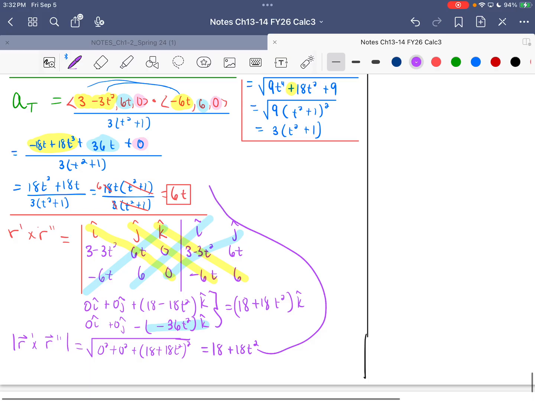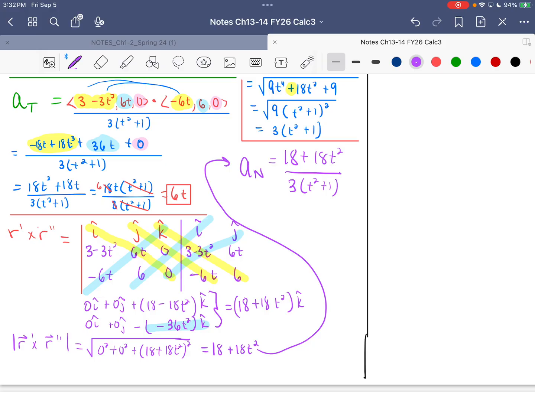So AN is that quantity over 3t squared plus 1. And so that should simplify. Factor out the 18. We get 6. Wow, that was so much work.